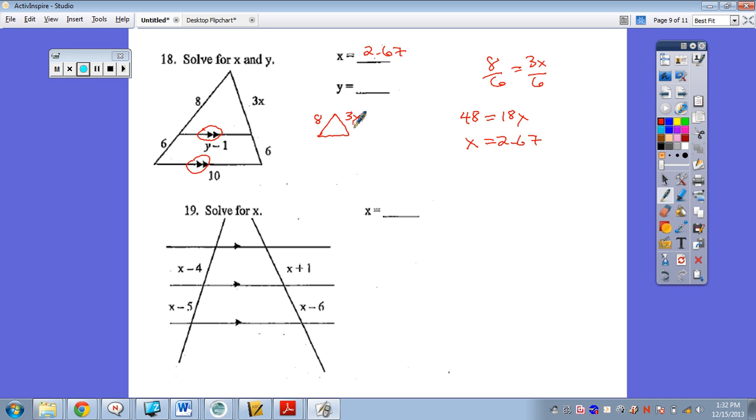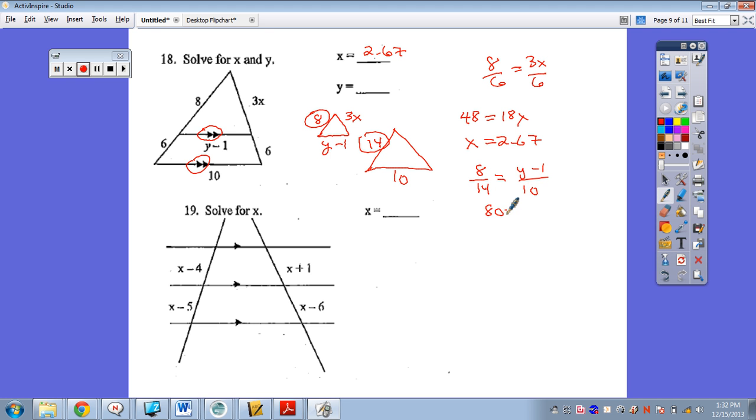8, 3x, y minus 1. The big triangle, we know this is 10, and we know that this side is 14 because it's 8 and 6 together. So if you're solving for y, you're going to use the scale factor of 8 over 14, and that has to be the same ratio as y minus 1 over 10.